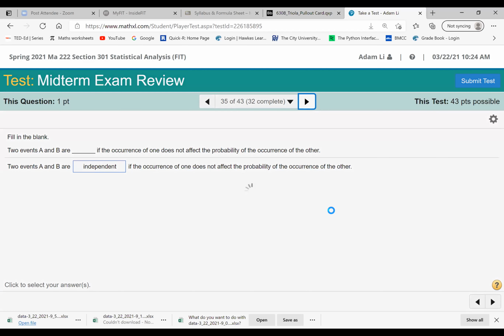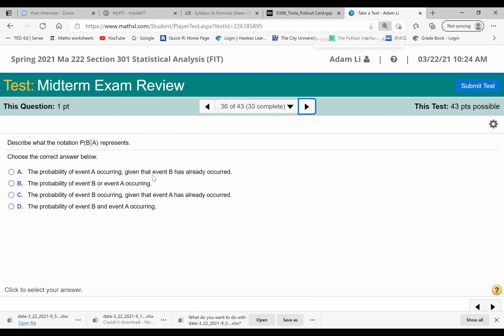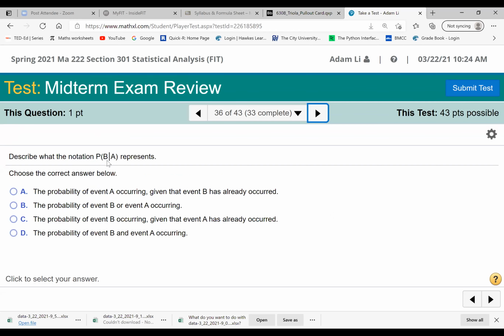And question 36, all right. Describe the notation for the probability of event B given that event A occurs. So this is what we call the conditional probability, given that condition A occurs, right? So the probability of event B occurring, given that event A has already occurred.